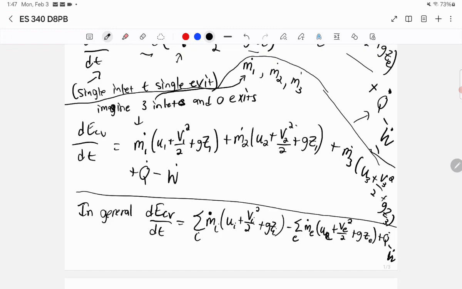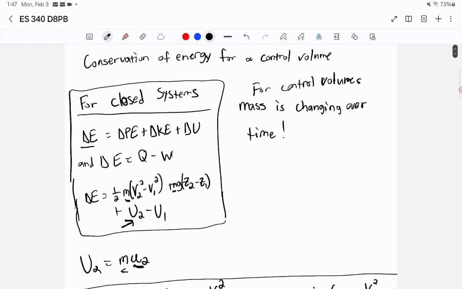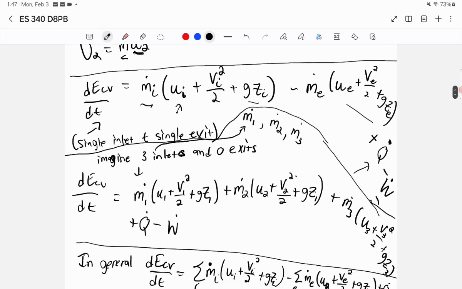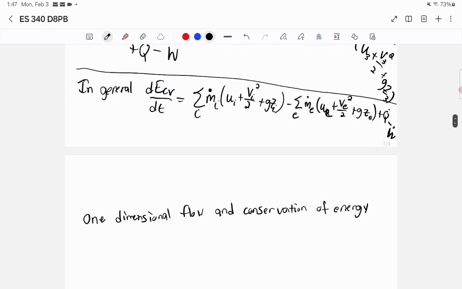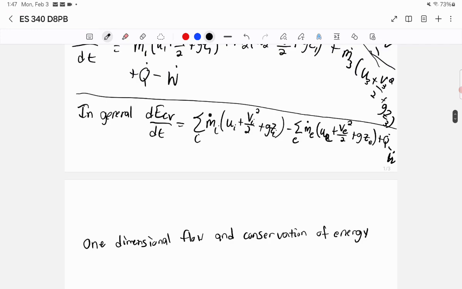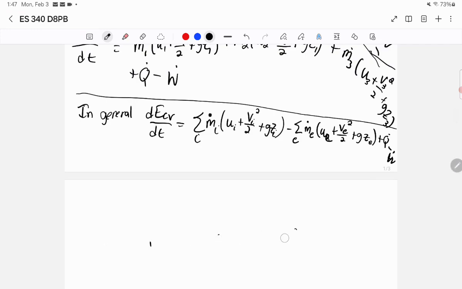Okay, so that's the general case for energy flow, and it's very similar to what we have up here, but now we're having rates of change, right? Because of what's going on, we're going to have these different rates of change, and that's what's going to give us our energy balance.